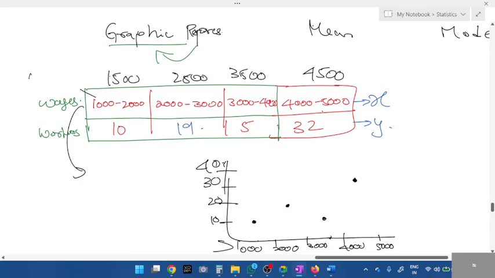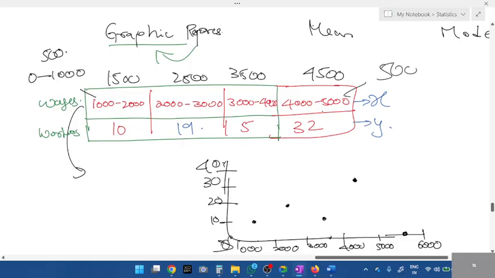You have to take from 0 to 1000. So the middle value is 500. Start from 0, 1000. Then when you join the graph, it should touch the 5000 to 6000 as the last value.